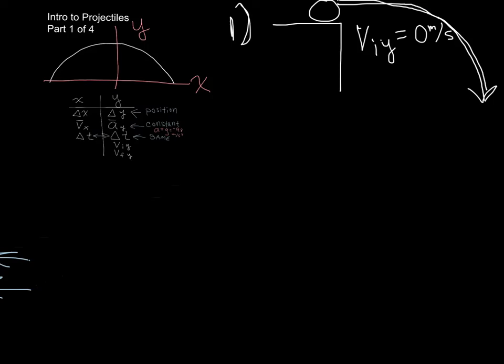So that is our type 1, the jump off a cliff scenario. The other thing that's important about this one is that the change in vertical position is going to be some negative number, because the change in position is going down. If something's going down, that's the negative direction, so that is going to need to be a negative number there.